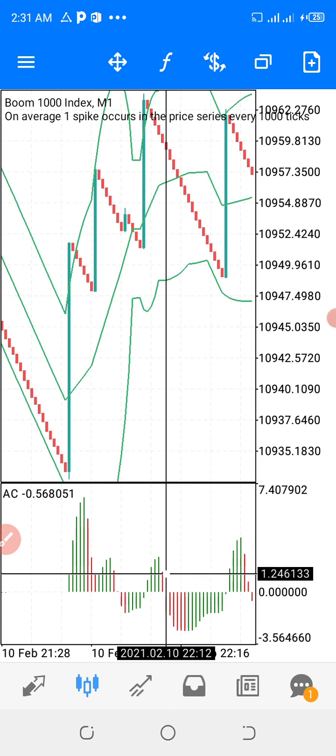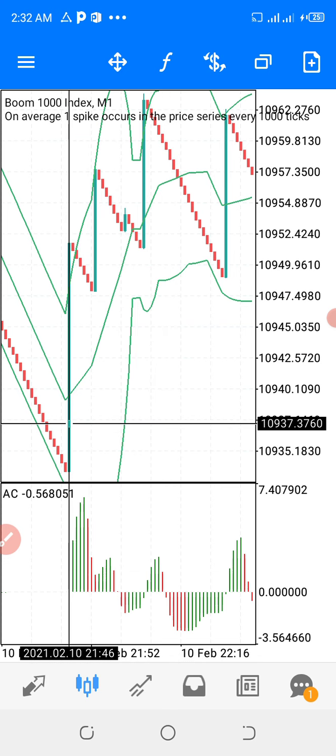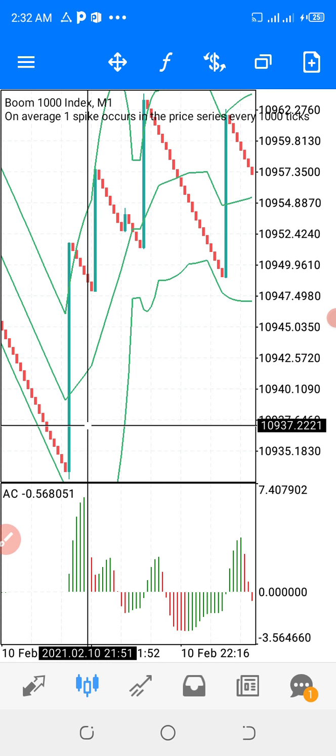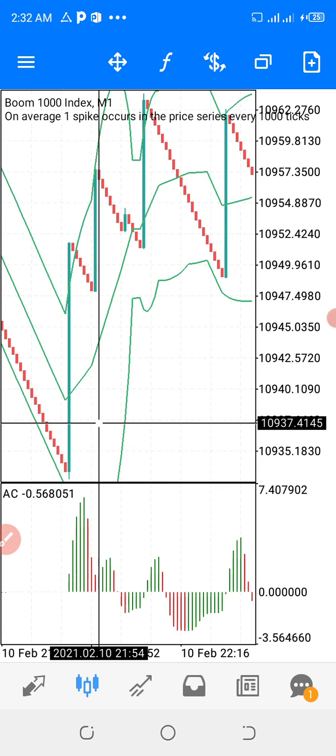Okay, now let's look at a situation like this one here. You see the spike crossed above the top line of the Bollinger Band. So let's say you entered a trade here, like I was mentioning. Then you sell, you sell, you sell.